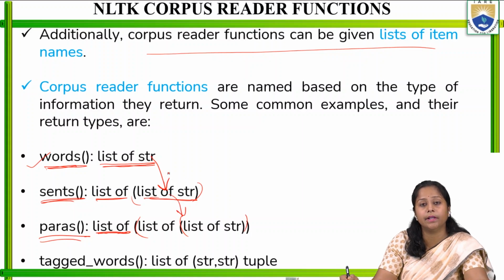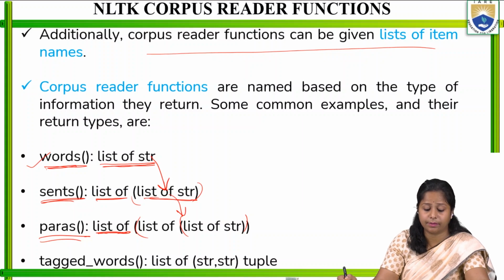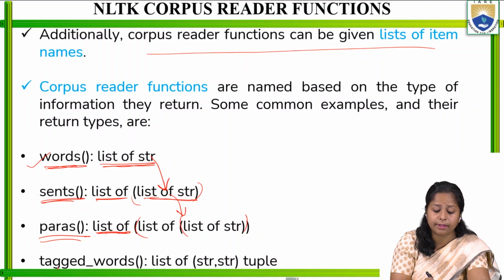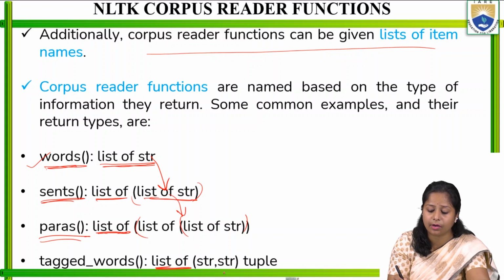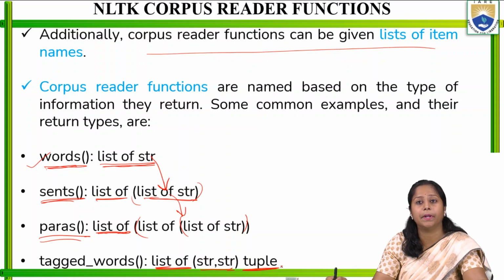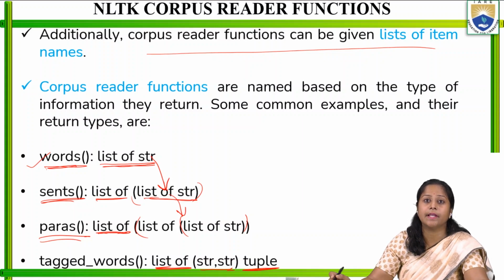Like that, there are also tagged functions, and each of these functions is interrelated. By writing the tagged_words function, we get a list of str, in the form of tuples. Like that, we can use these other functions with the corpus readers.